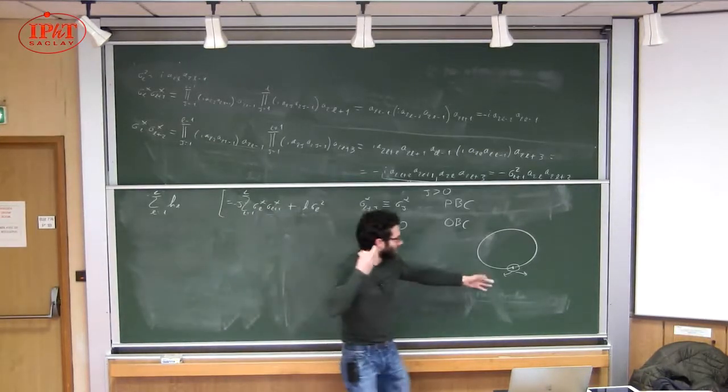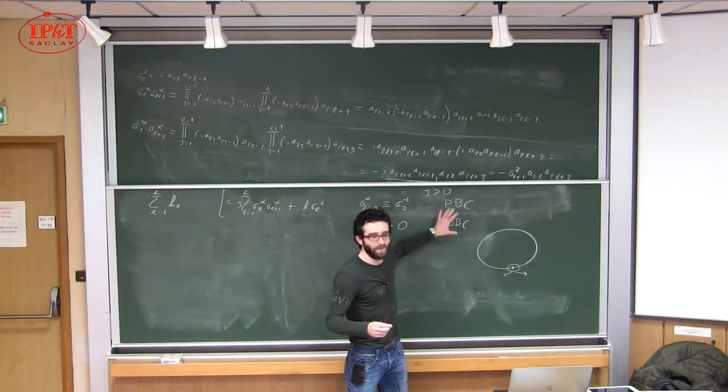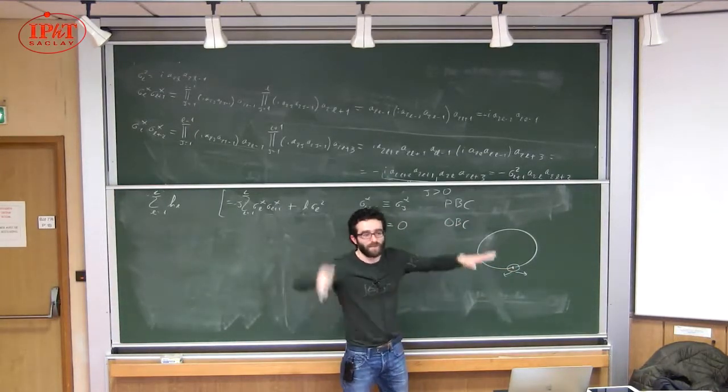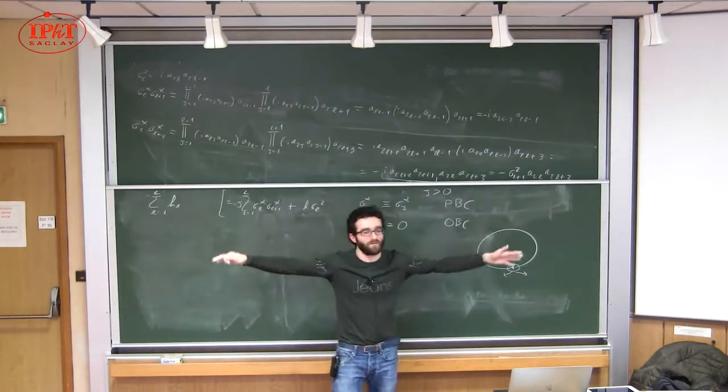But as far as I can see now, the only problem is when you distinguish open from anything else, because open boundary is just cutting the chain, so it's putting the degrees of freedom very far away from each other.